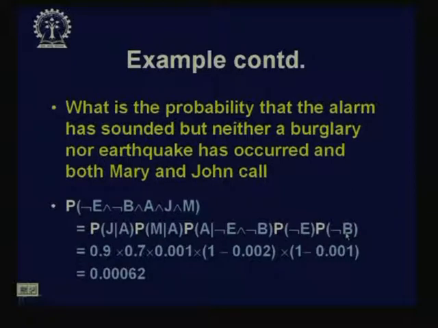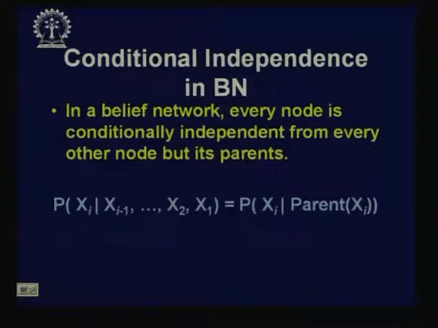So, the probability of not burglary is 1 minus 0.001, that is the basic of probability. So, we find the value as 0.0062. That is how we compute using the belief network. Now, we can skip a couple of definitions here.